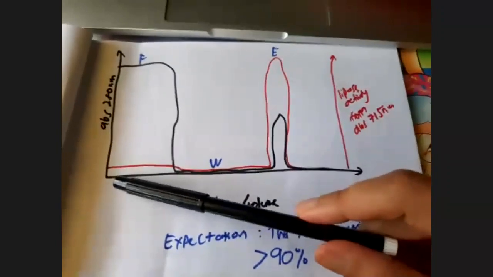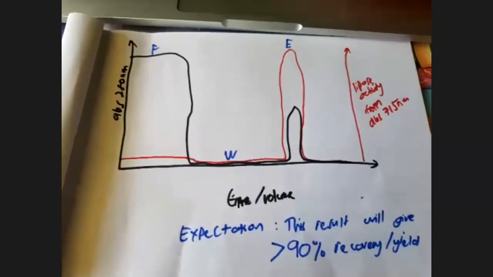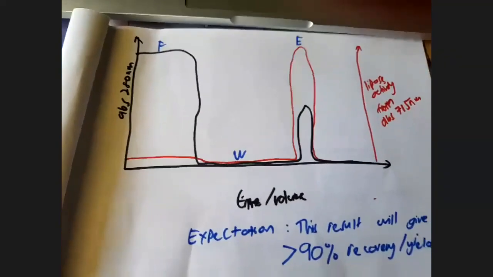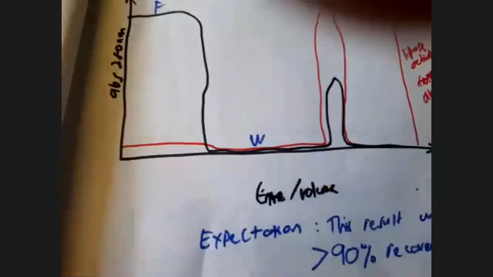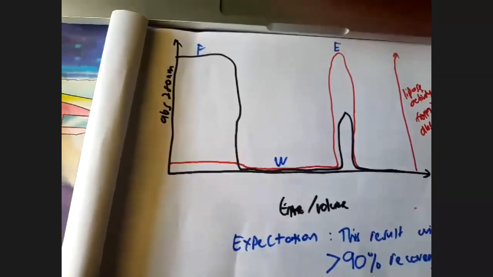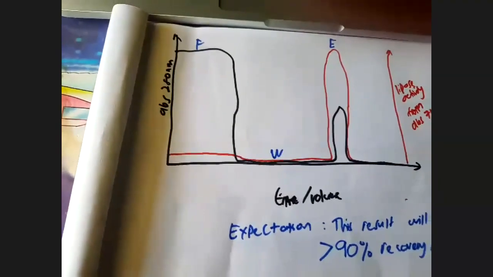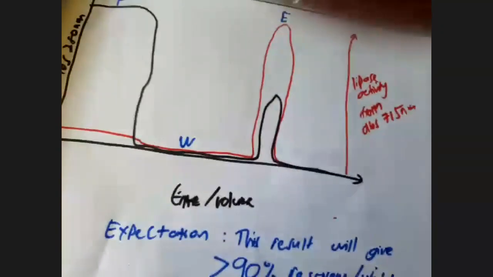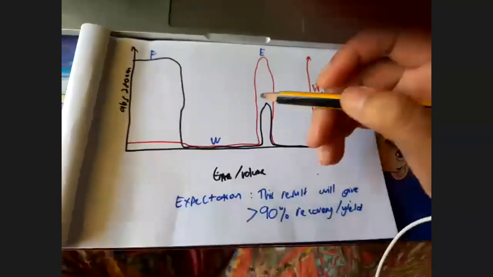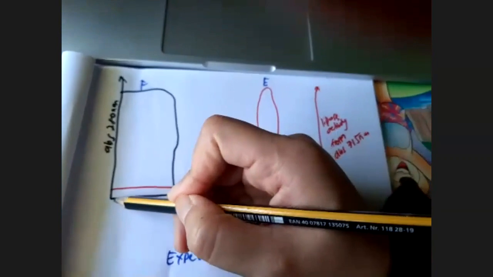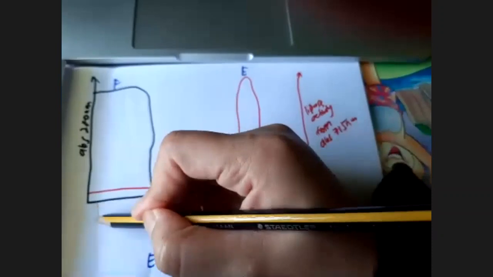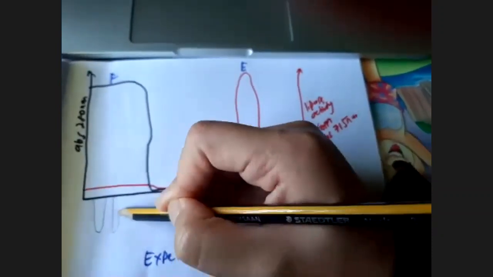Okay. So, for example, just imagine we have a few fractions for flow through.